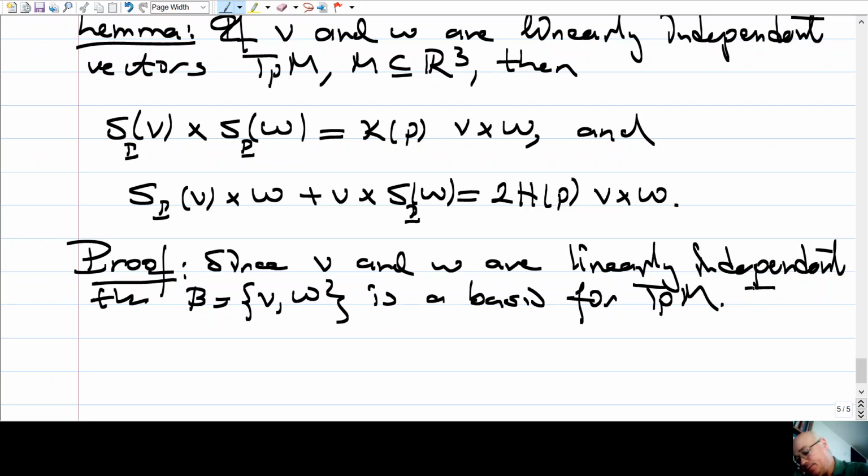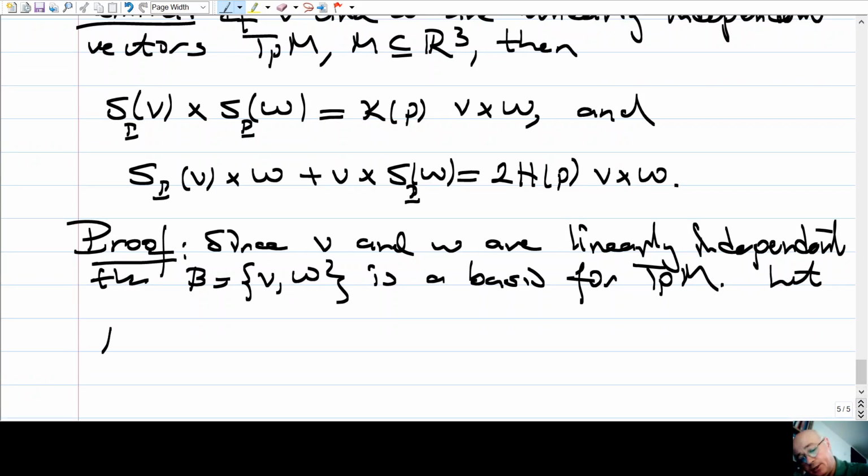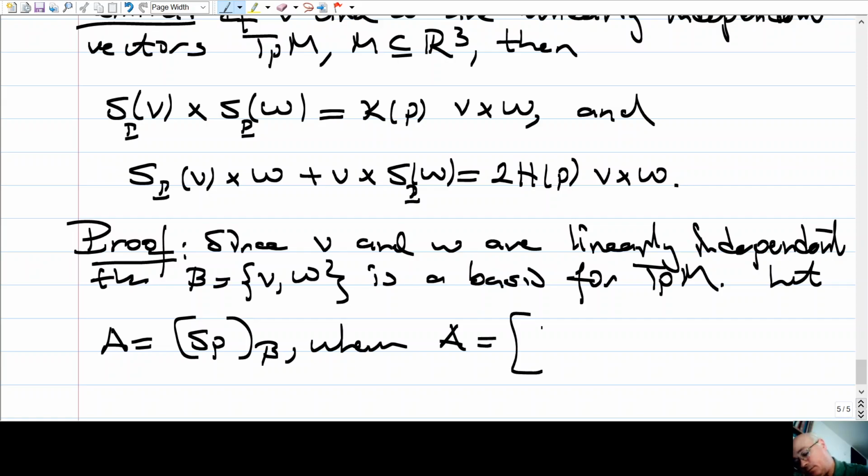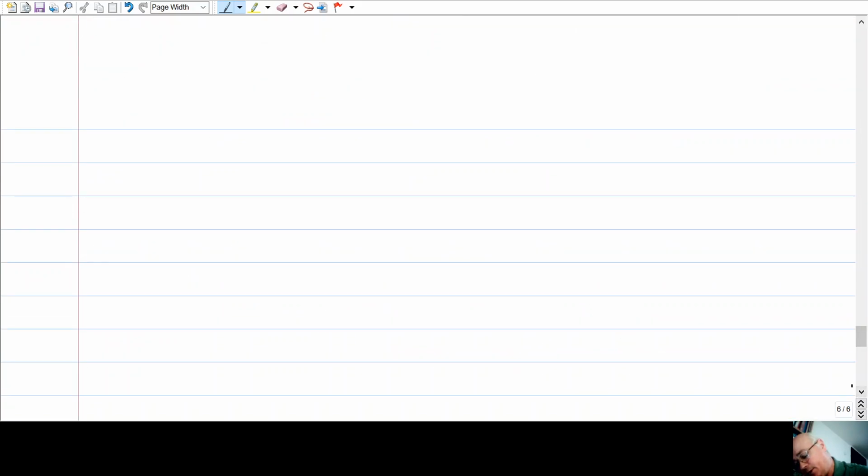Let A be the matrix representation of S_P in the basis beta, where let's say A is this, with entries a, c, b, d for some real numbers.